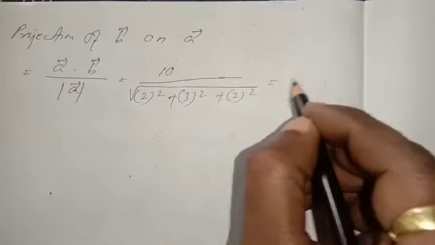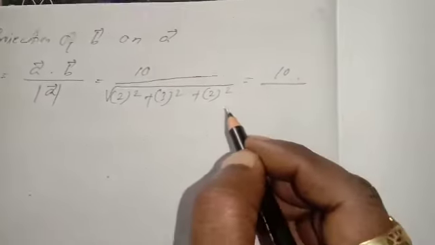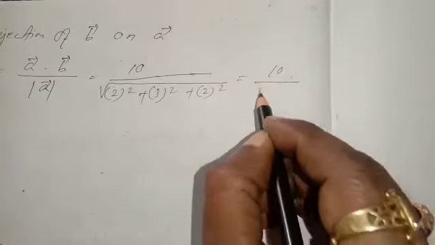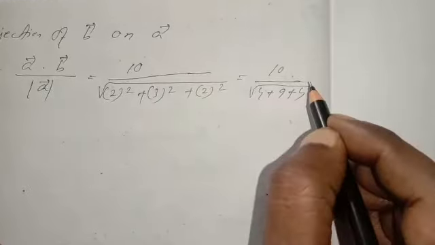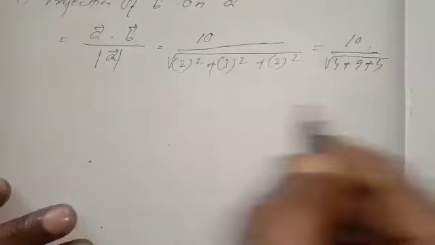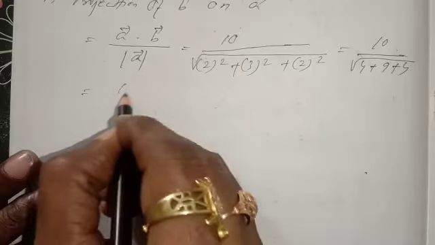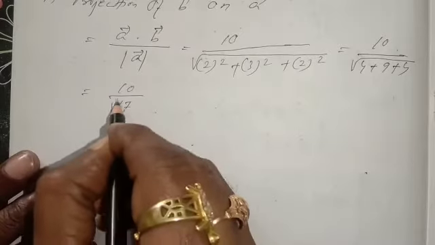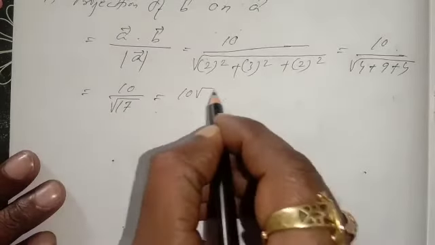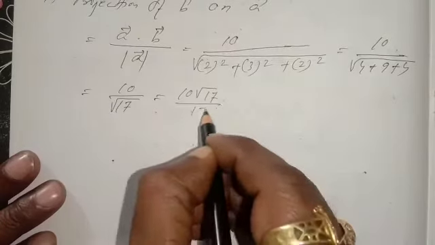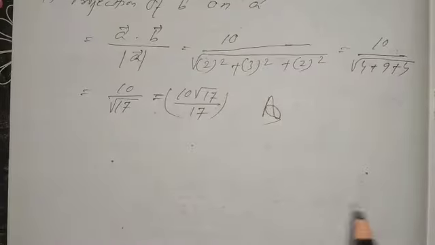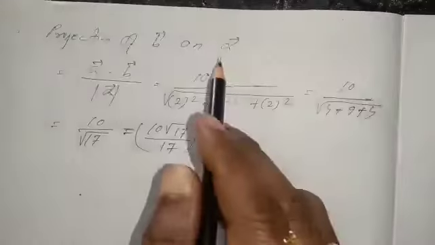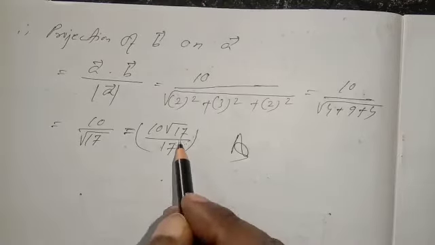This is 10 by root over 4 plus 9 plus 4, that means 10 by root over 17. You have to rationalize the denominator, that means 10 root over 17 by 17. This is the answer of number 12, second part, projection of vector B on A: 10 root over 17 by 17.